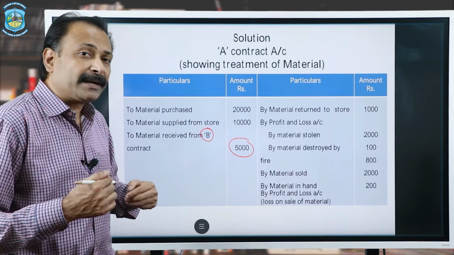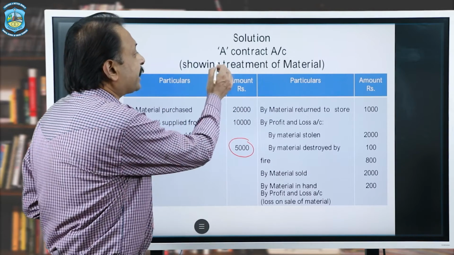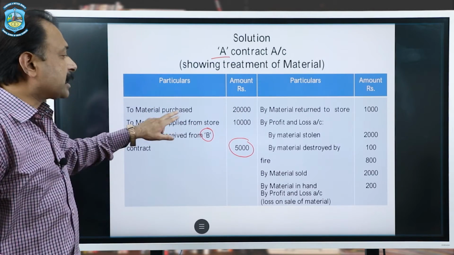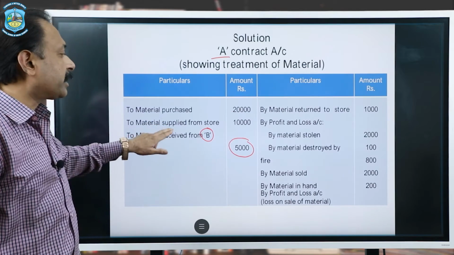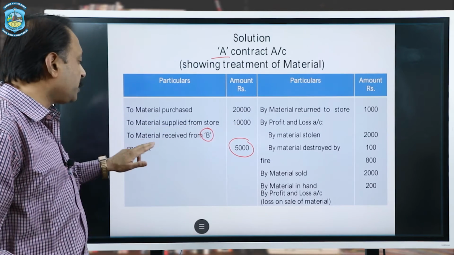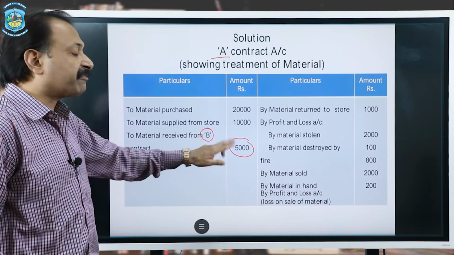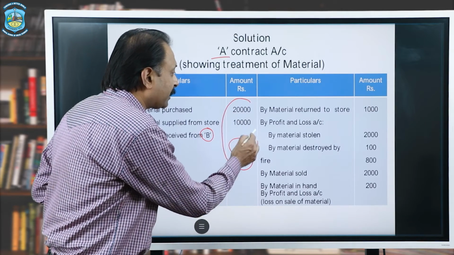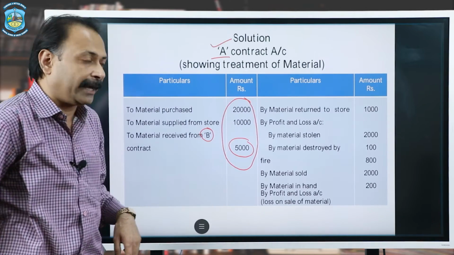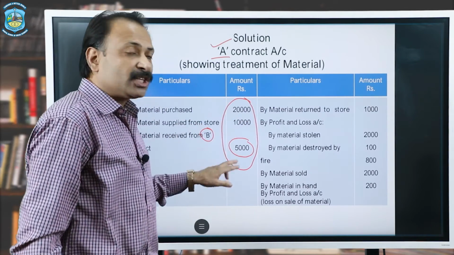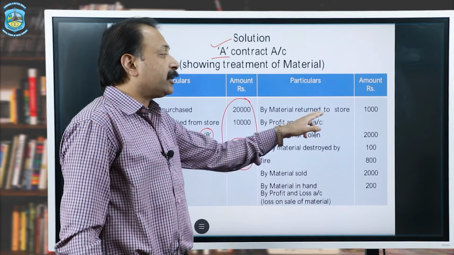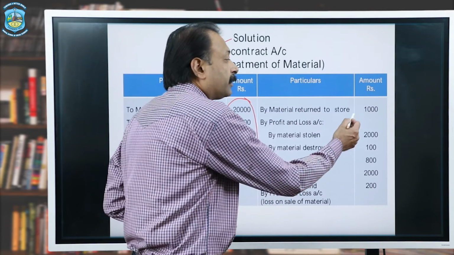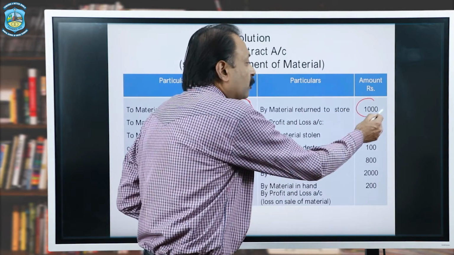So incoming material in this contract, which we call A contract, is material purchased 20,000 rupees, material supplied from the store 10,000 rupees, material received from B contract 5,000 rupees. Now, how are we going to use all this material in this particular contract A? Out of all this material, by material returned to store, we have returned material to store worth 1,000 rupees.